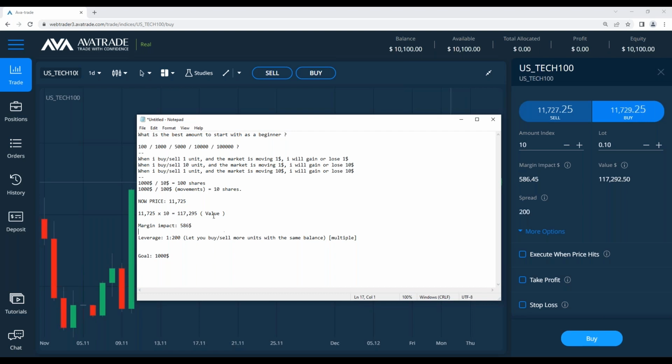Now, back to the question from the beginning. I have $10,000, so this is enough to take a single position. That's even enough for 10 positions. What if I only had 1,000? Will that be okay?